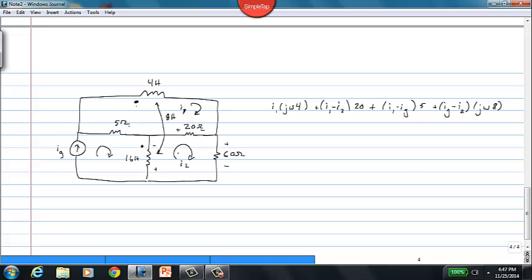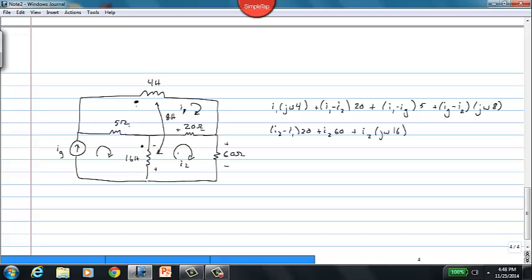If I just write the mesh current equation for the 3 passive devices there, I would get I2 minus I1 times 20. That's the voltage drop associated with the 20 ohm resistor. The voltage drop associated with the 60 ohm resistor is just I2 times 60. The voltage drop associated with the 16 Henry inductor is going to be I2 times j omega times 16.